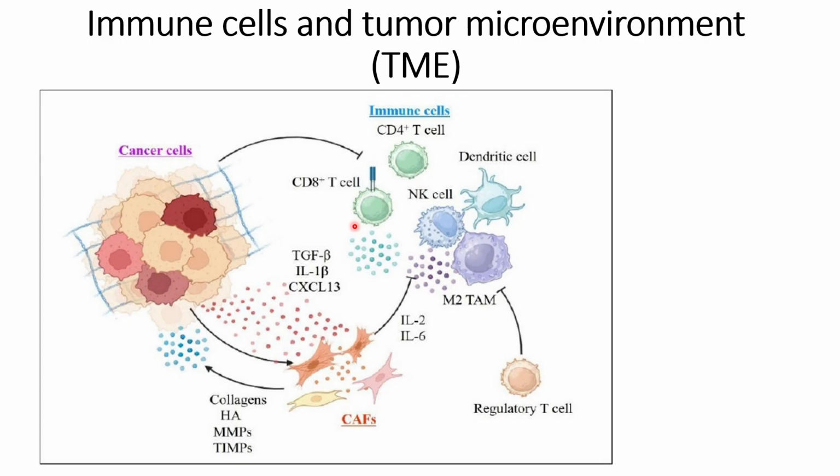And CD8 plus T cells are from the point of view of the adaptive immune response. Apart from that, there are the cytokines that are released, such as TGF beta or CXCL13.